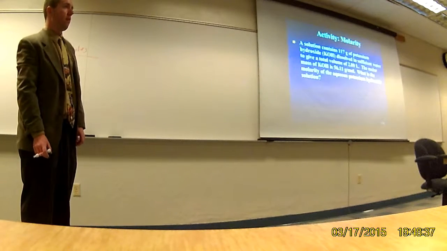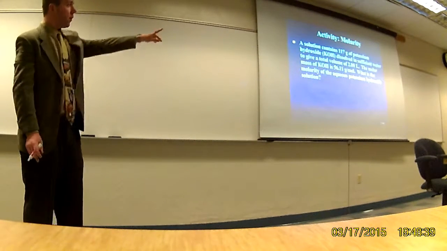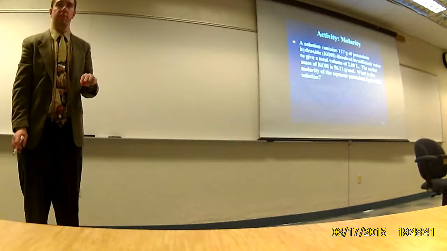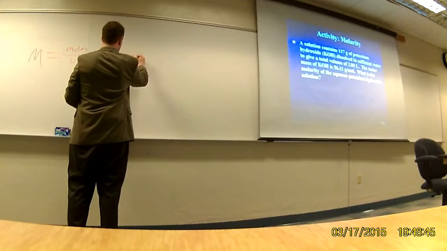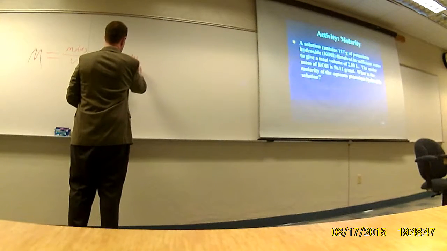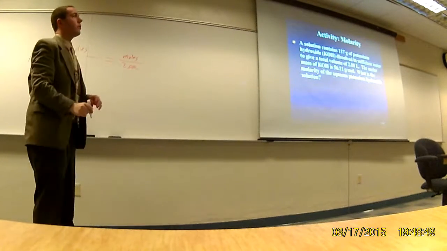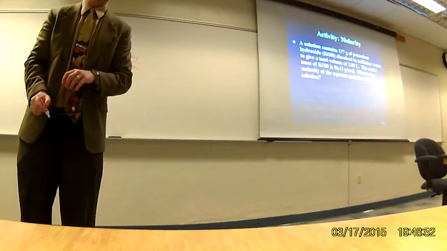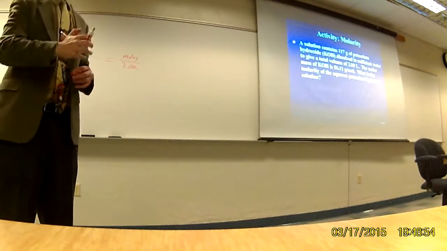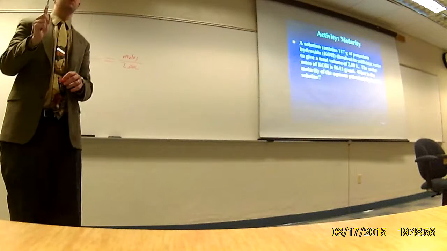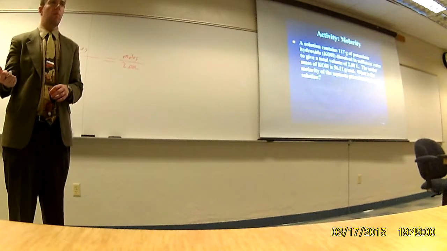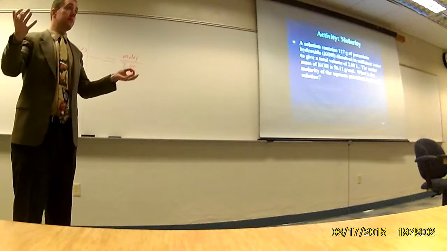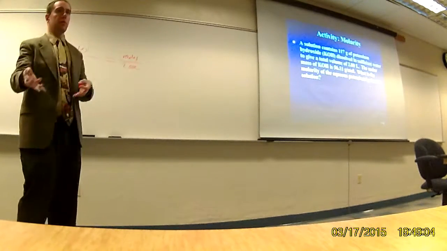Which one? Volume. Total volume 2.00 liters. That one we can just plug in. So we have moles divided by 2.00 liters. Do we have moles? Not directly. Do we have moles indirectly? Yes. How? Grams. You have grams. Convert from grams to moles.